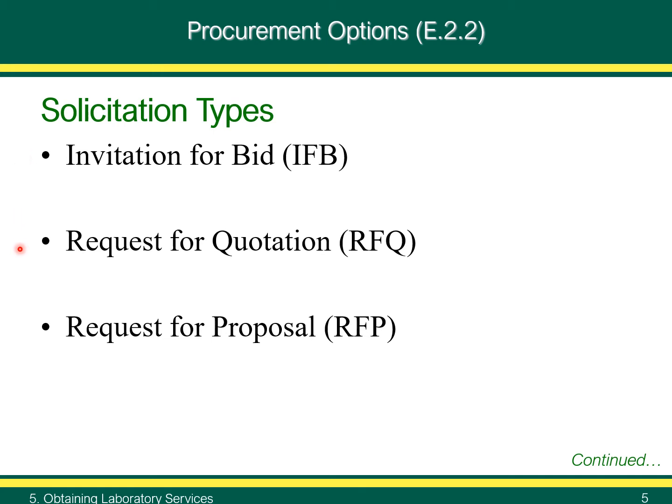A second type of solicitation is the request for quotation, or RFQ. This solicitation is for technical and price quotations regulated under Federal Acquisition Regulation, Subpart 12, Acquisition of Commercial Items, or Subpart 13, Simplified Acquisition Procedures.